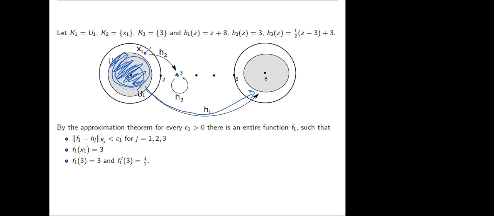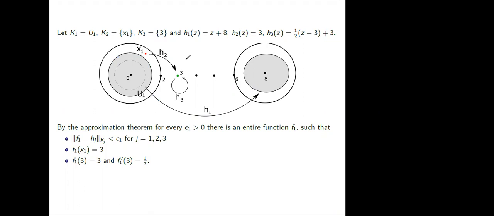Then x1, you want it to be mapped onto this point, right? And then we are exactly in Runge's theorem, because all of these sets satisfy the conditions: their complements are connected, these sets are disjoint, and we have holomorphic functions on them.